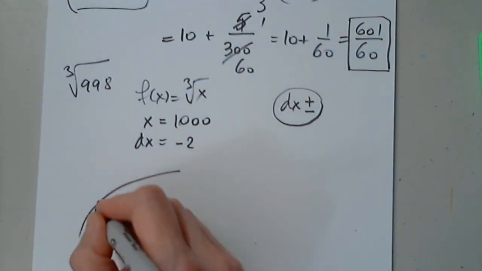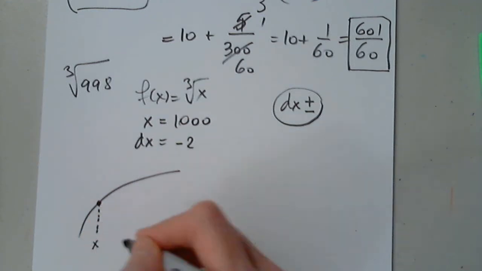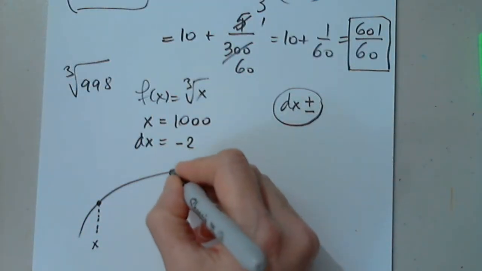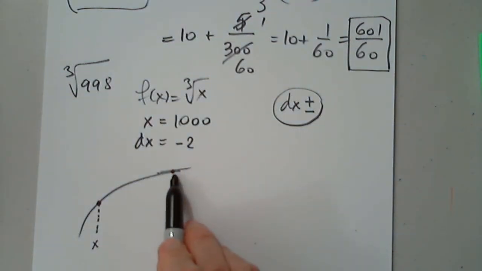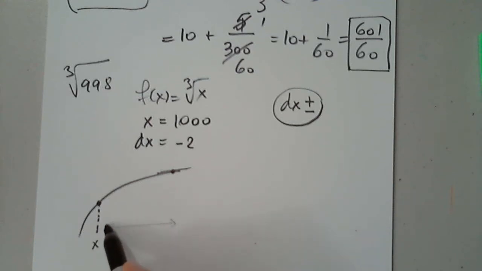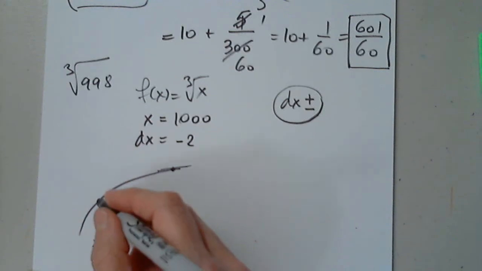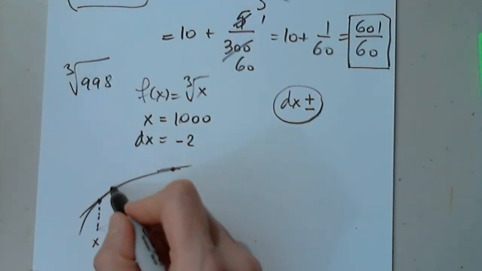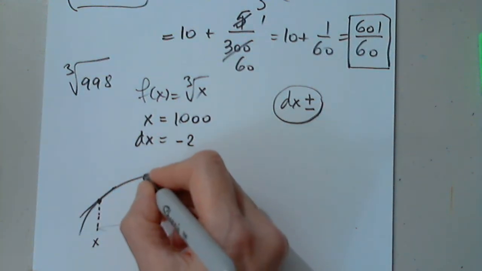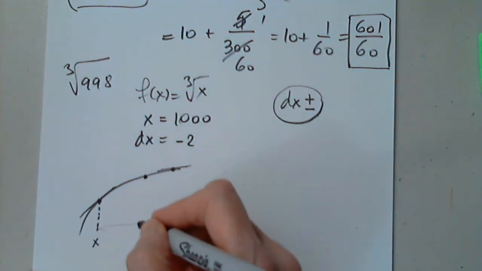For example, I'm here, so this is my x. I cannot approximate using the differential here, because this is such a huge distance. I can approximate what's happening here with the tangent line at this point, but if it's too far out, then the error will be too large.